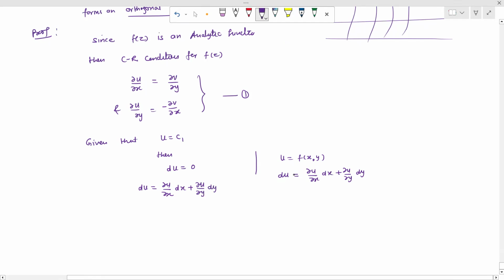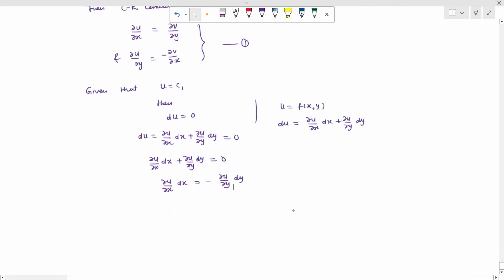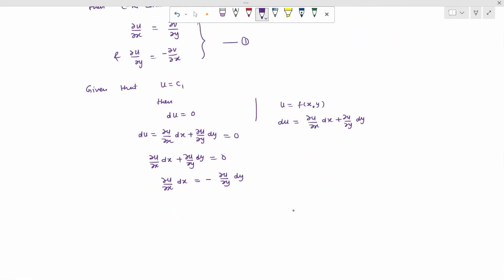और du क्या है, du = 0 है. So when du = 0, we can write del u upon del x into dx plus del u upon del y into dy is equal to 0. So del u upon del x into dx is equal to minus del u upon del y into dy. अब what is the value of dy upon dx, यहाँ से हम calculate कर लेंगे.